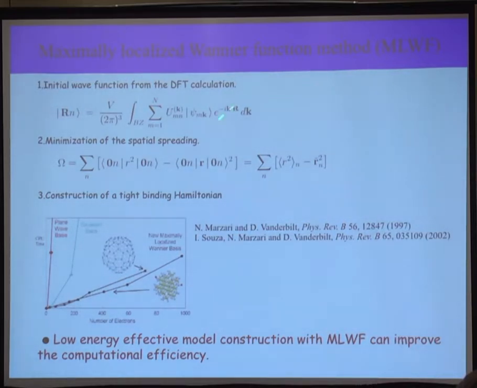So based on this Wannier-based tight-binding Hamiltonian, the calculation already shows that the efficiency is almost linear in the number of electrons, while the DFT plane wave calculation is exponentially slower. So that gives us the confidence that this is the right way to go for the effective modeling, especially for the skyrmion topic.